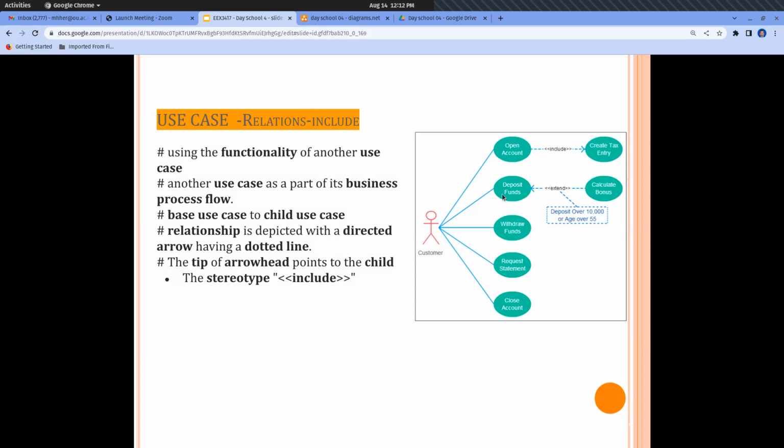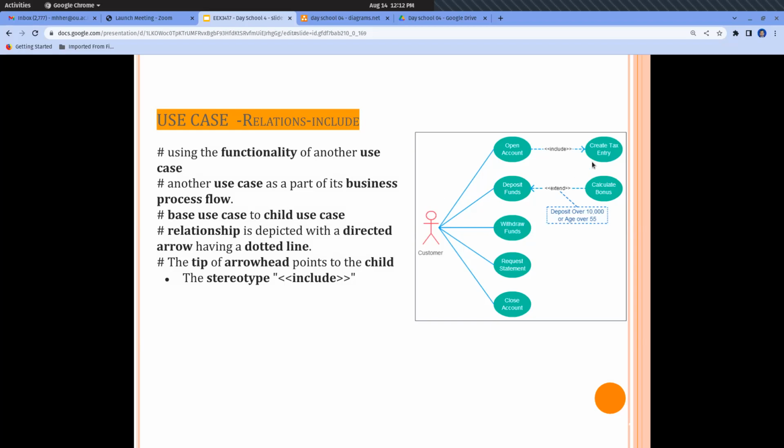Another one, deposit funds extends calculate bonus. This use case is calculate bonus. This use case is create entry.